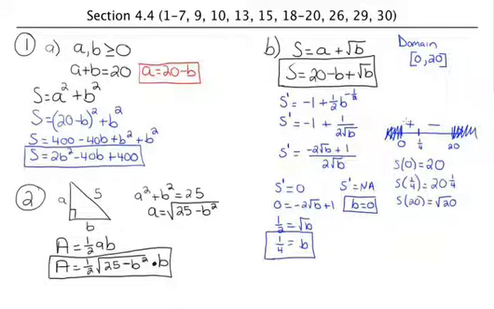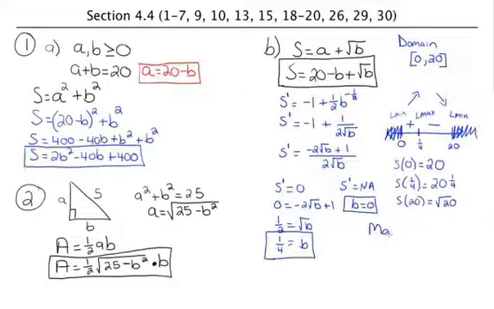Our sign chart shows us that we have a local max at a fourth. We have a local min at 20 because my slope is negative as I approach 20, so it means I'm going down to wherever I am at 20. And then 0 is a local minimum as well because as I leave, my slope is positive going up. So the question said, find the values of a and b that'll make the number as large as possible.